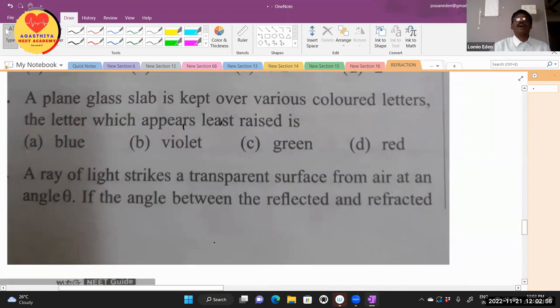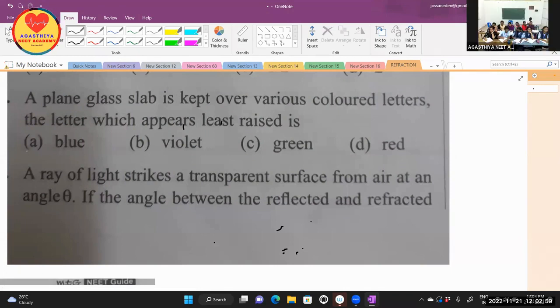What does it mean? The ray of light strikes the transparent surface from the air at an angle theta. In this problem, both phenomena take place.